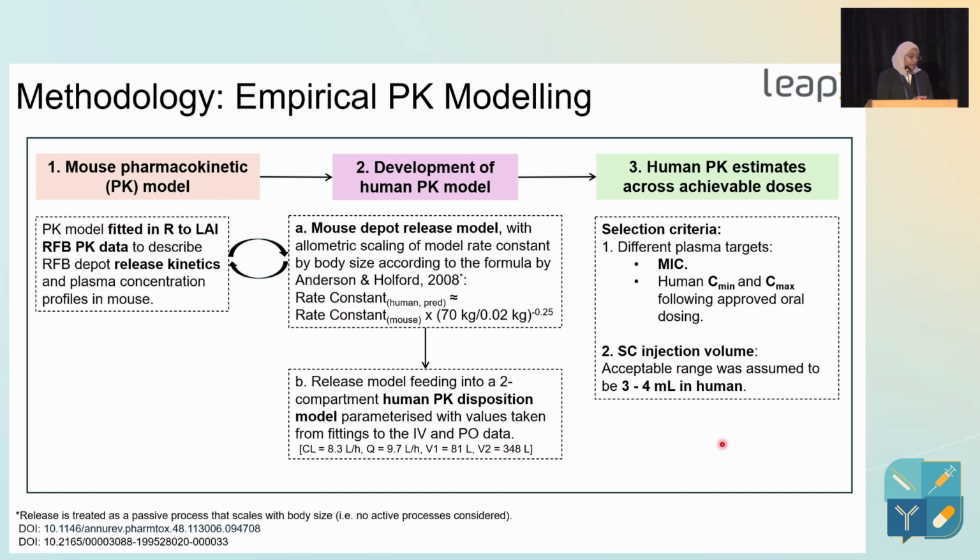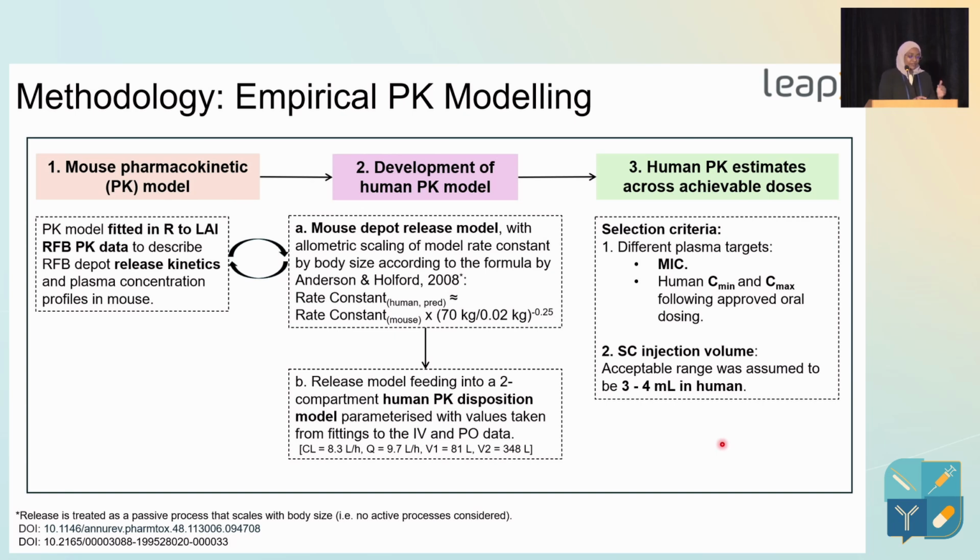This depot release kinetics was allometrically scaled by body size to human using the Anderson and Holford equation. The allometrically scaled depot release kinetics was then fed into a 2-compartment human PK disposition model, parameterized with values taken from human IV and oral data.